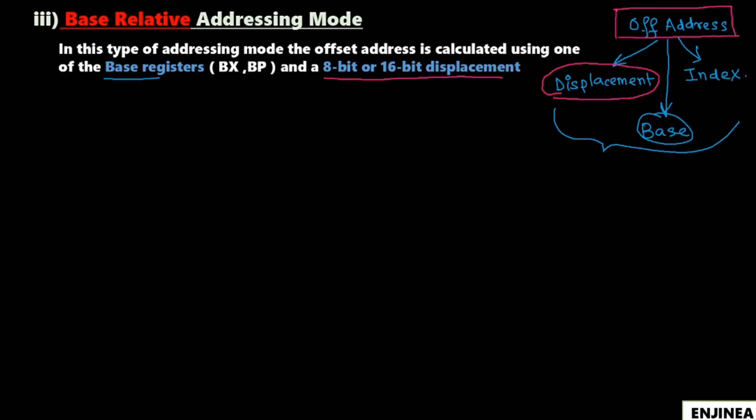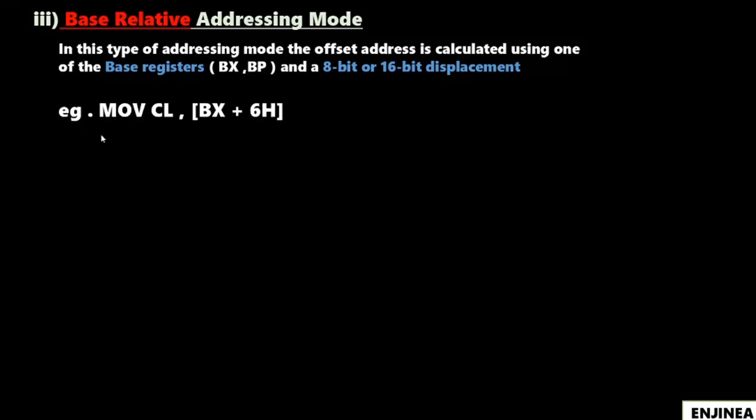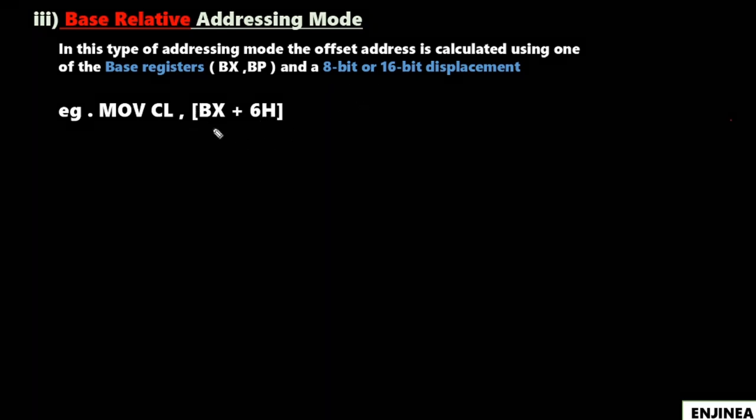So let's see what that means. Suppose we have an instruction MOV CL, [BX + 6H]. Here BX is our base register and this 6H is an 8-bit value, which is known as the displacement.